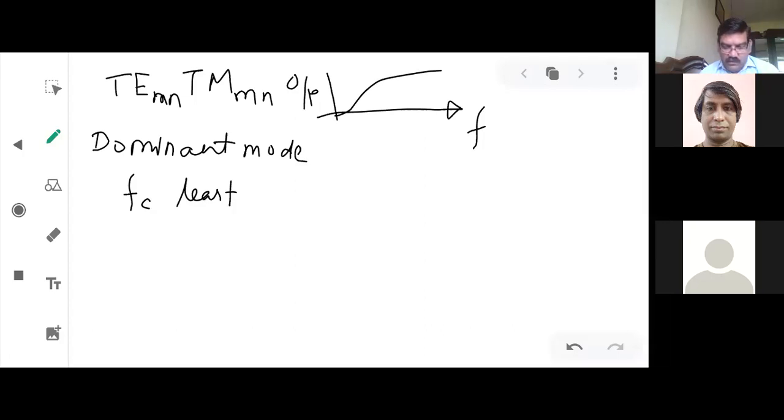But you see that for TE mn or TM mn mode, m and n can have different values. So there can be infinite field configurations. Field configuration means the way the field is going to distribute itself inside the hollow waveguide. Here m and n can have any value from 0 to any larger quantity, not infinite, but theoretically you can say infinite.